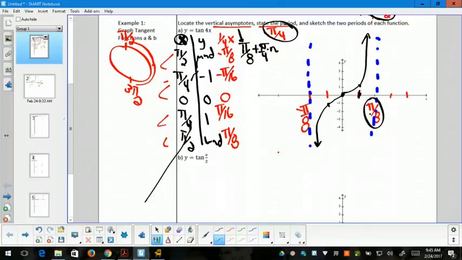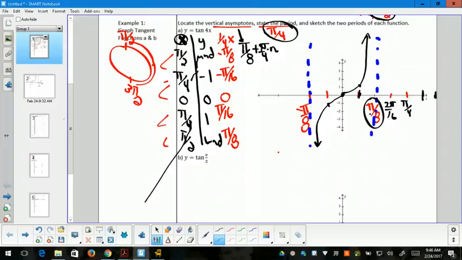Because I have work over there on that side, I'm going to go this way. We have 1, 2, 3, 4. 1, 2, 3, 4. So this is 1 pi over 16, 2 pi over 16, 3 pi over 16, 4 pi over 16, which is pi over 4. You can leave it in terms of 16ths or in terms of 8ths if you want.